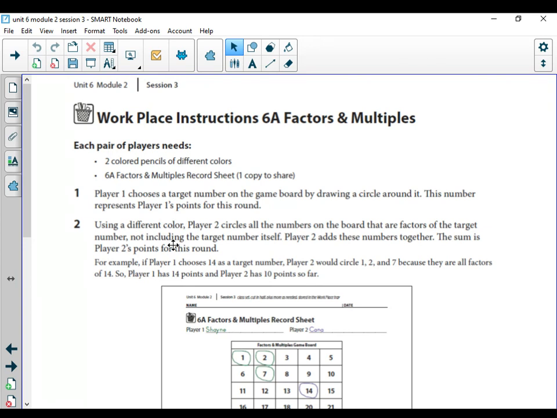For example, let's do 21. There are four factors and two factor pairs we could use. We could do 1 times 21, so 1 and 21 are factors of 21. Or we could do 7 times 3, which is a factor pair, 7 and 3 being factors of the number 21.